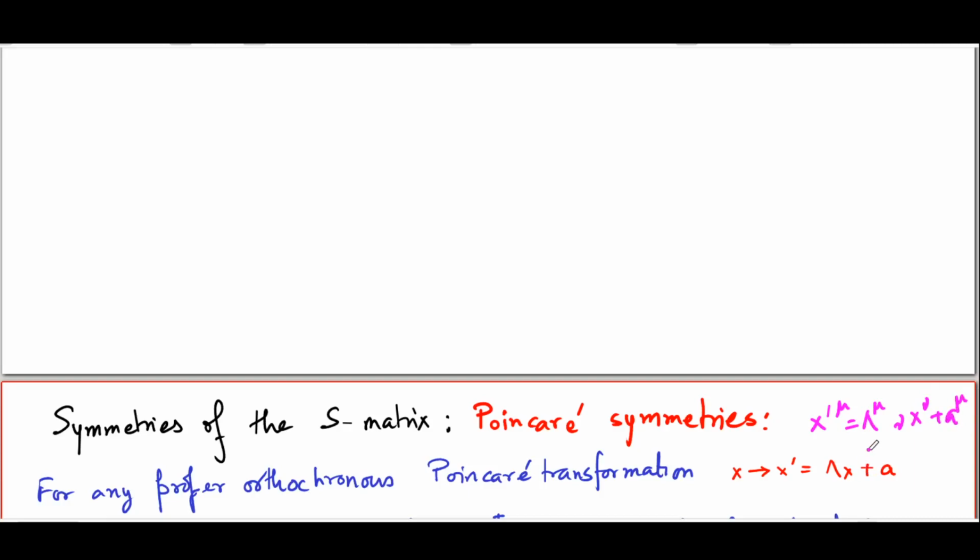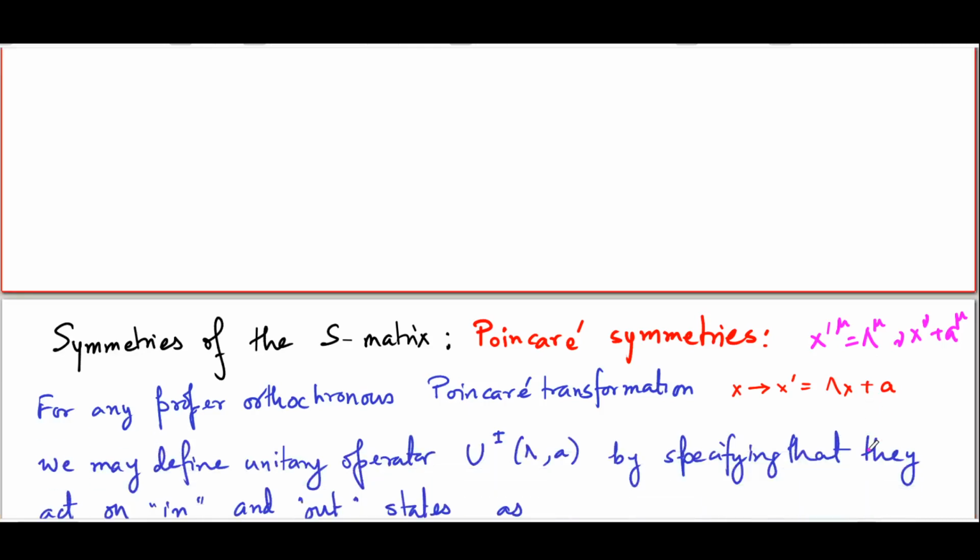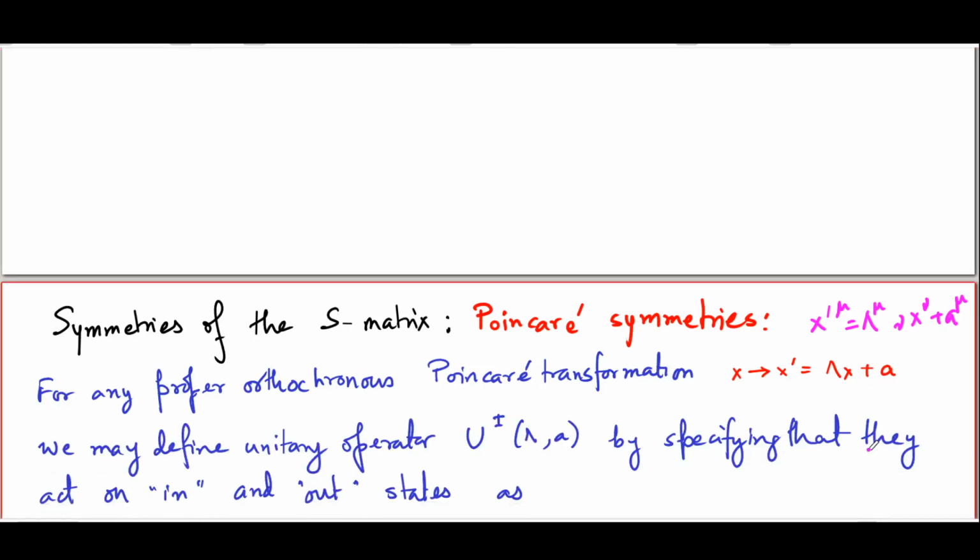Under such a transformation, the states of a quantum system transform by the action of a unitary operator acting on the states. And the basic idea here is that we can define a unitary operator U plus (lambda, a) which acts on the in states and furnishes a representation of the Poincare group, and another unitary operator U minus (lambda, a), which acts on the out states.